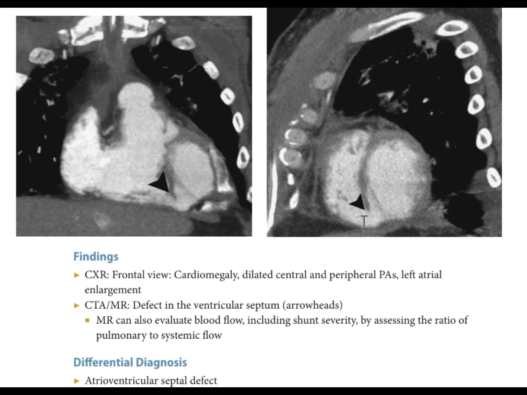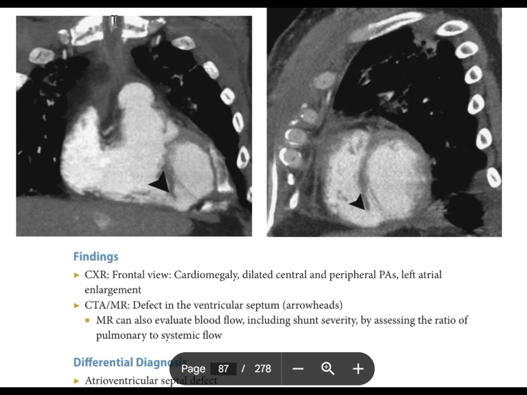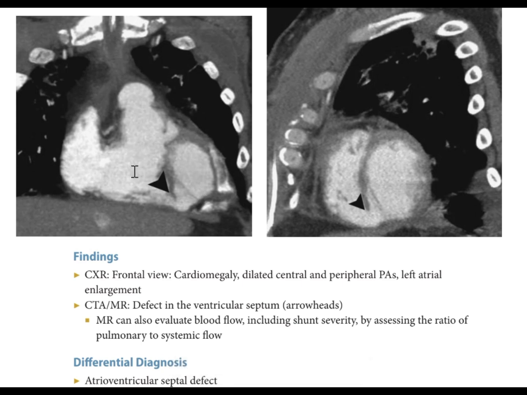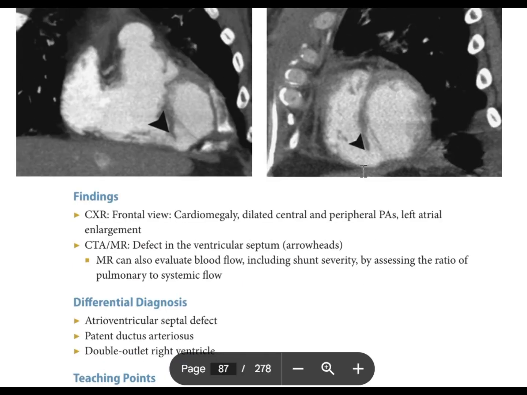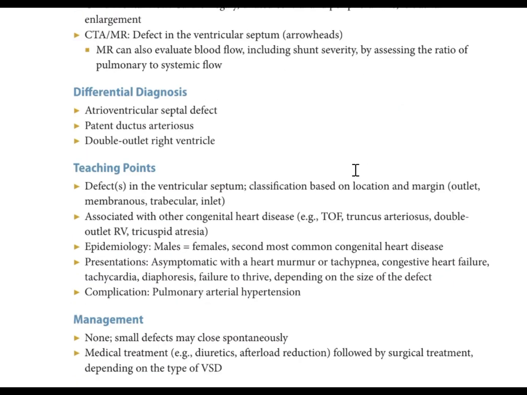This is the VSD. This is a coronal cut. This is the left ventricle and the right ventricle, and this is the defect in the ventricular septum.